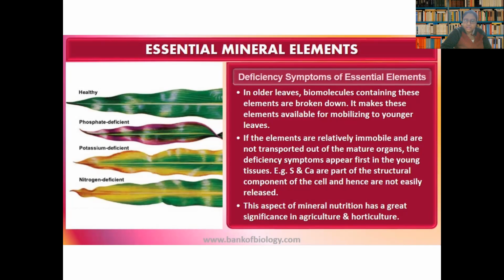Because there is no question of them being visible in old tissue, because even if you want to mobilize them from old tissue, there is no way to mobilize. So the plant cannot get those elements back from old tissue. So what will happen? It will be least bothered about the old tissue, but still the deficiency symptoms will be visible in the young ones.